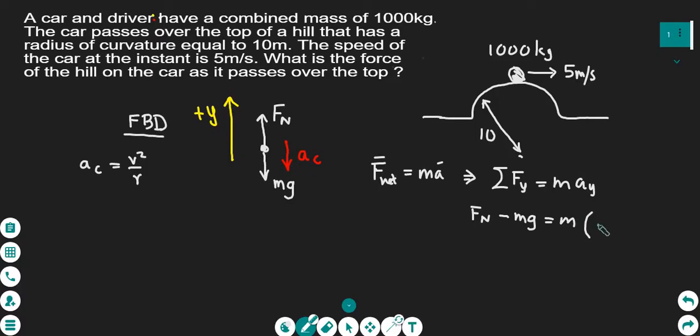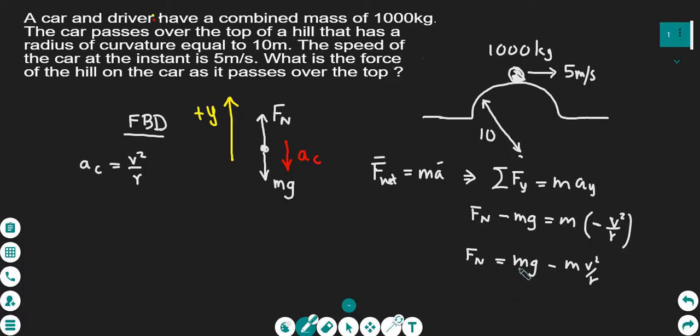So remember, this is very crucial. I need to put a negative sign because of the way I have selected my coordinate system. Okay, v squared over r, but it's a negative value. Now symbolically I can simplify this equation. I can take minus mg to the other side. I have mg minus m v squared over r, and this is the simplified version.